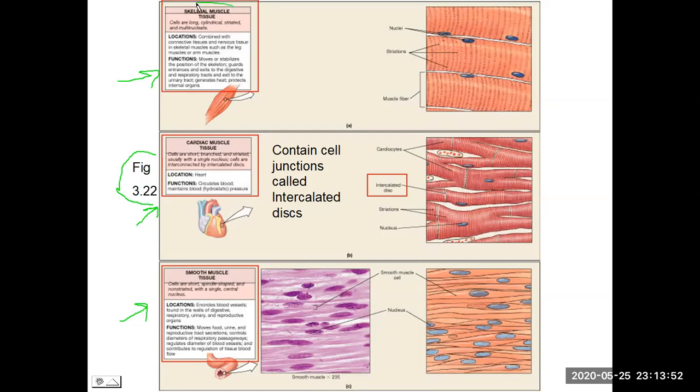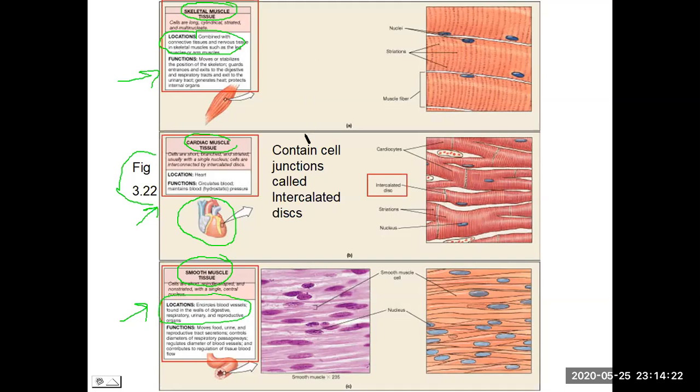So we know the three types: skeletal muscle. This is, of course, located throughout the body, connected to the skeleton. Cardiac muscle, exclusive to the heart, nowhere else. Smooth muscle in multiple hollow tubes, such as blood vessels, the digestive tract.